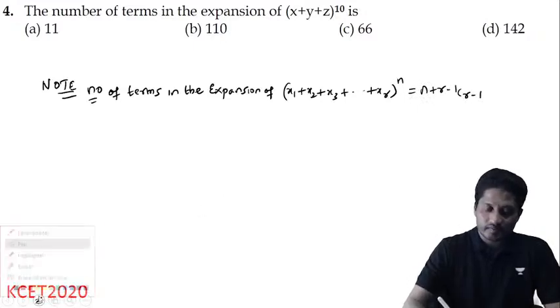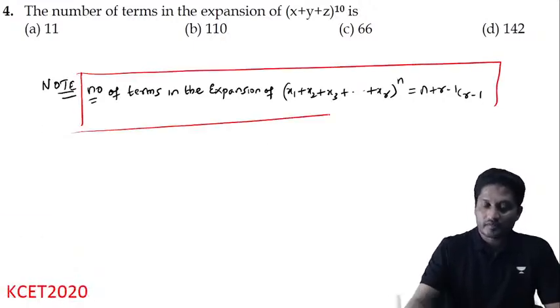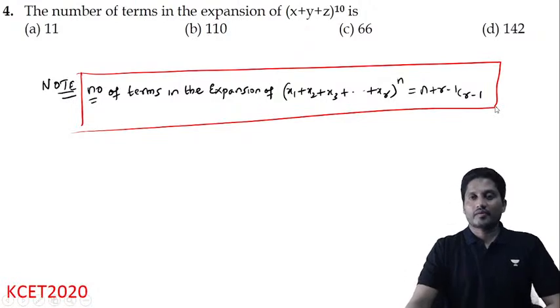This is the number of terms in the expansion of x1, x2, x3 and so on up to xr whole power n.